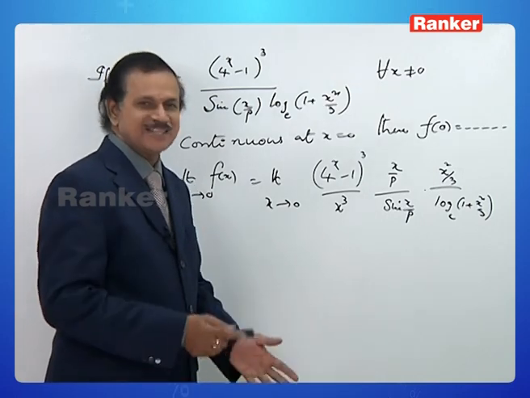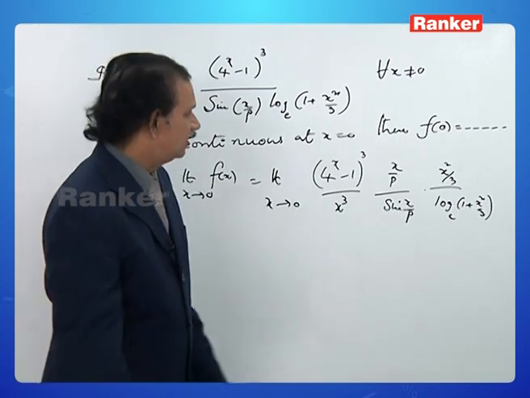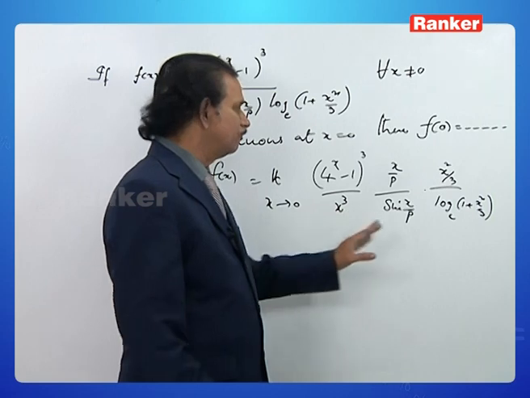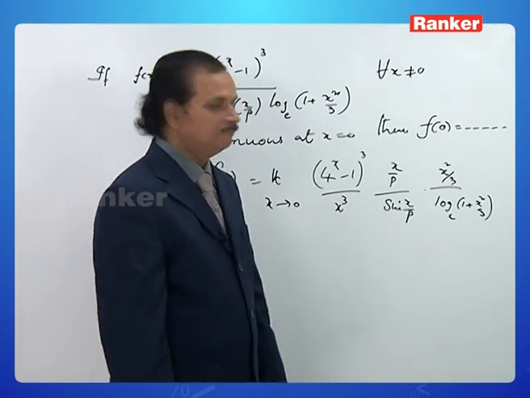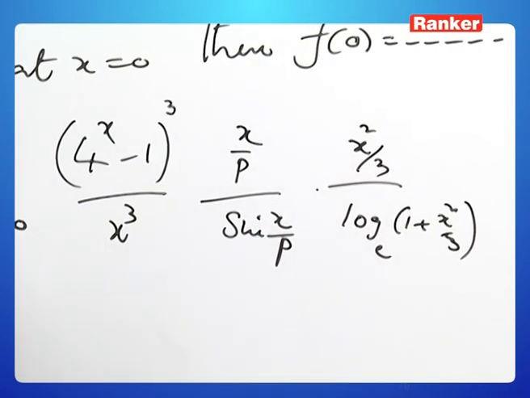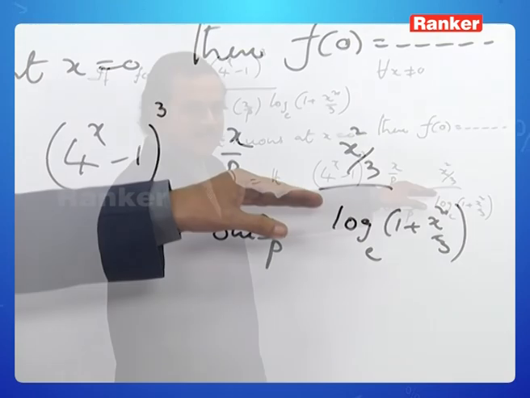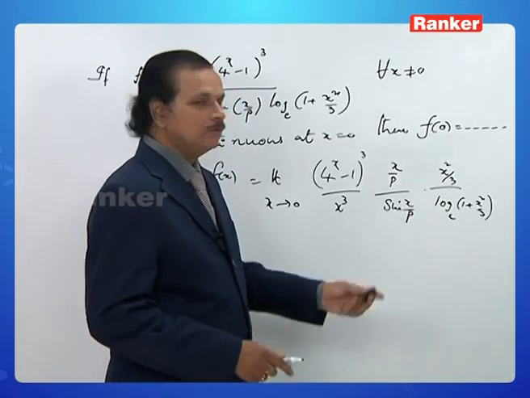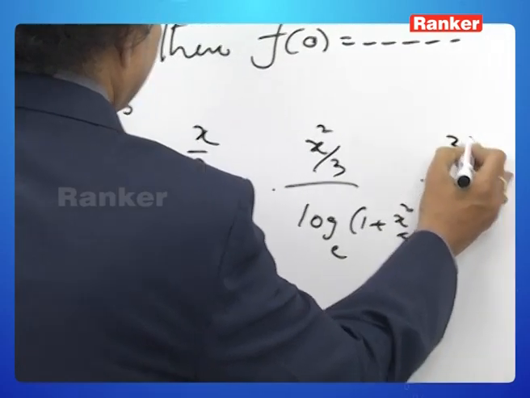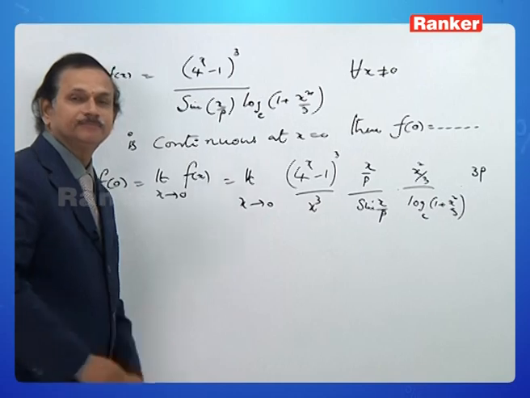Let us see that all those which have been introduced are cancelled. x into x square, x cube and x cube go away, no problem. Here p into 3 is 3p. 3p comes in the denominator extra. So to cancel it, you may need 3p. This is the procedure.